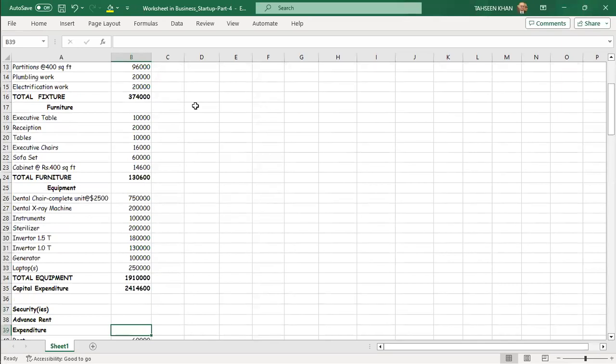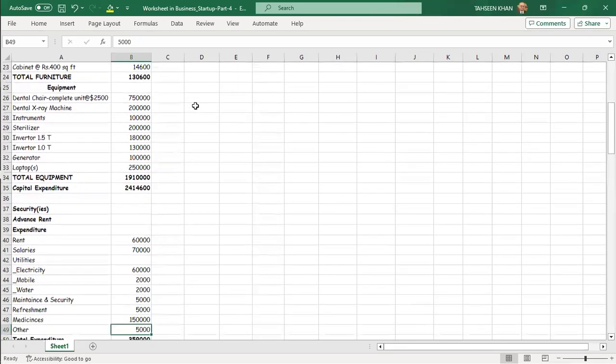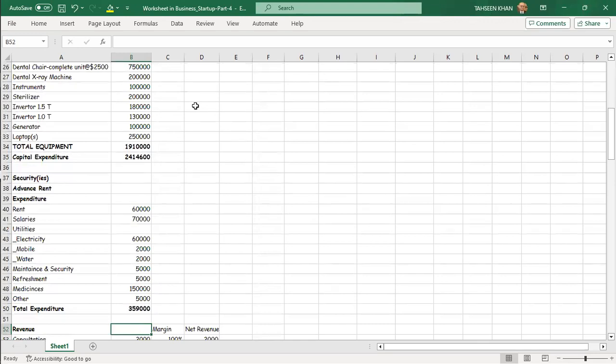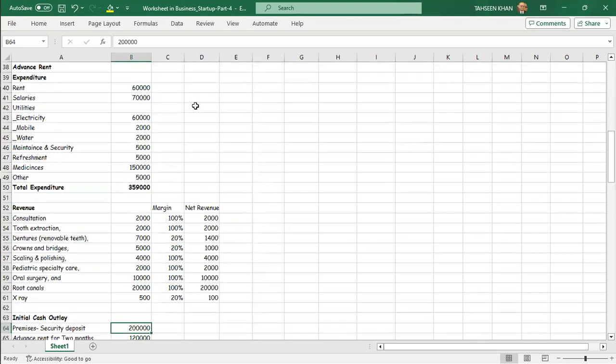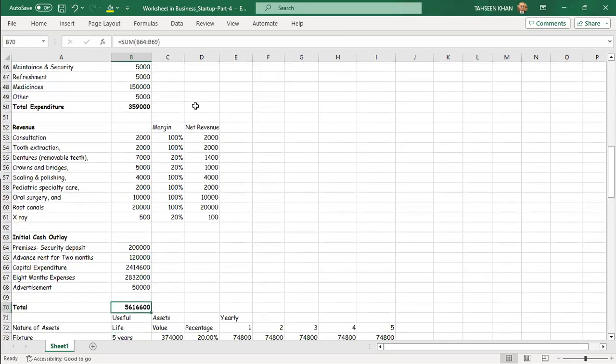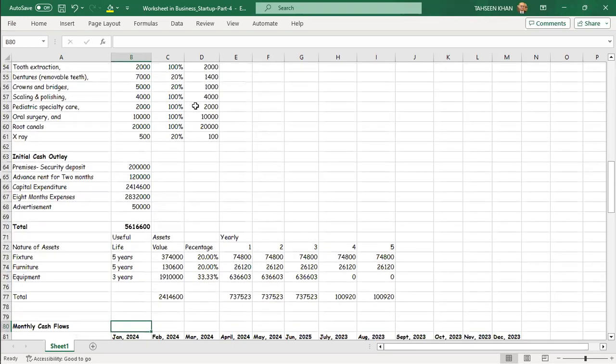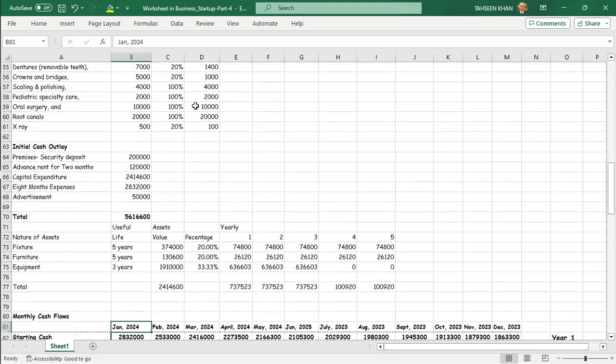The total of the capital expenditure calculations can be reviewed again from this Excel sheet. Here we have the expenditure details, and these are the revenue or the services, all covered in our previous lecture. Here we have the schedule for the depreciation that we just reviewed in our slide.